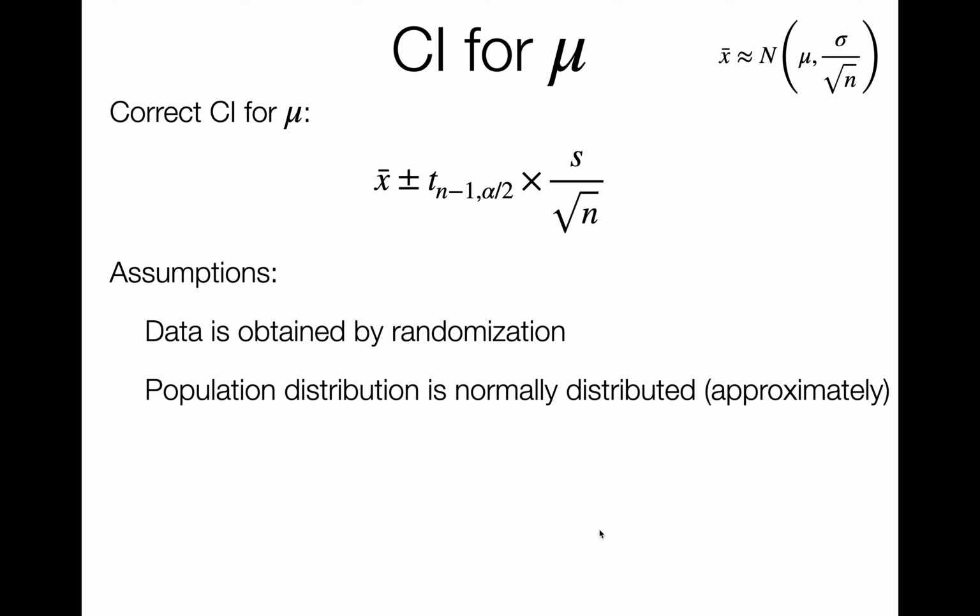Usually the problem will state that the population distribution is normally distributed. If it doesn't, you assume that it's true and you move forward. I will show you later on in the course how to actually assess if it looks like the population distribution is normally distributed.